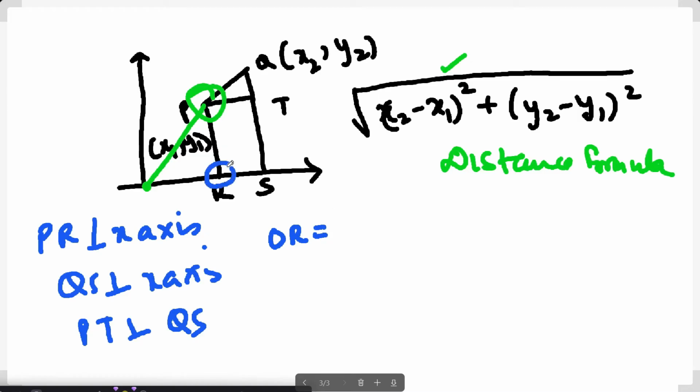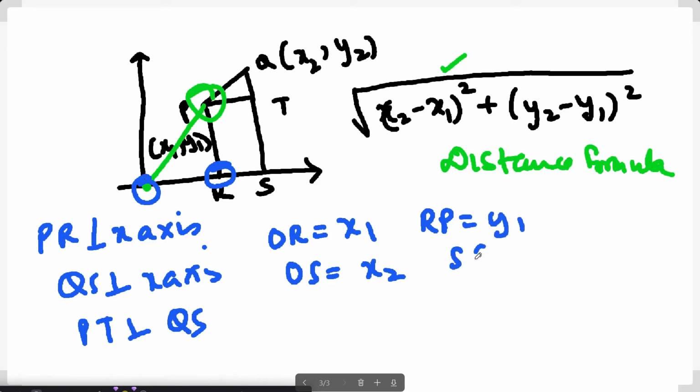OR is the distance of this point from the origin, which we know is x1. What is OS? OS is x2. What is RP? RP is y1. What is SQ? SQ is y2. Now, what is RS? x2 minus x1.